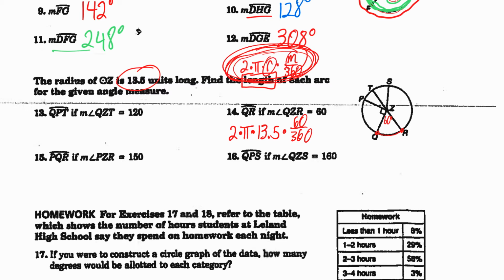The radius is 13.5 and the measure of that angle is 60. What do you get? Yep, about 14.14, whatever units.